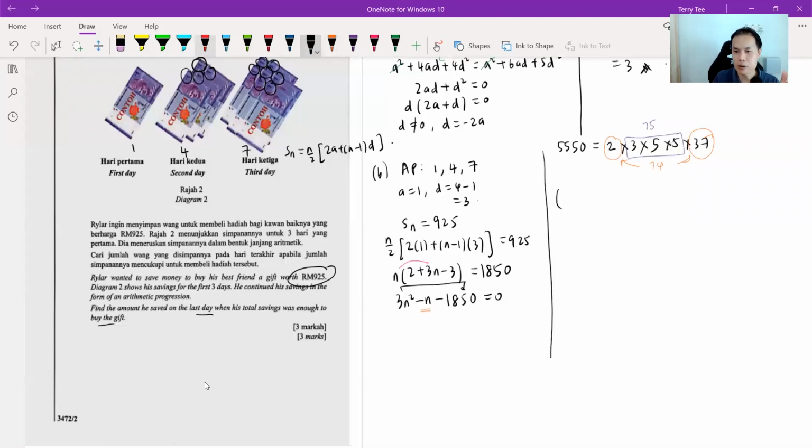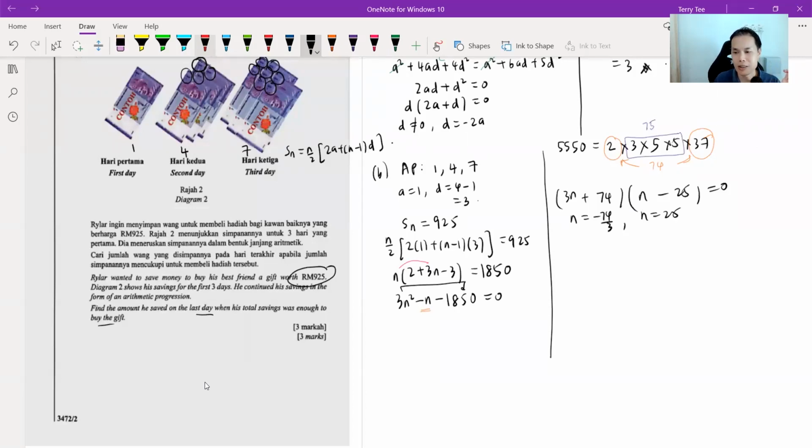So then I will put double brackets. This is 3n, this is n. To get 75, I put 25. To get the second one, 74, I just put 74 here. So this will be a minus and a plus. So my n is negative 74 over 3 or 25.